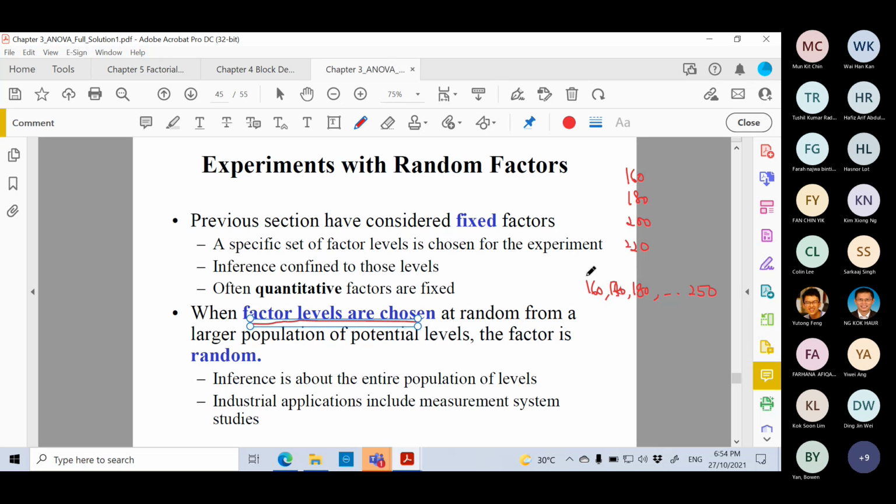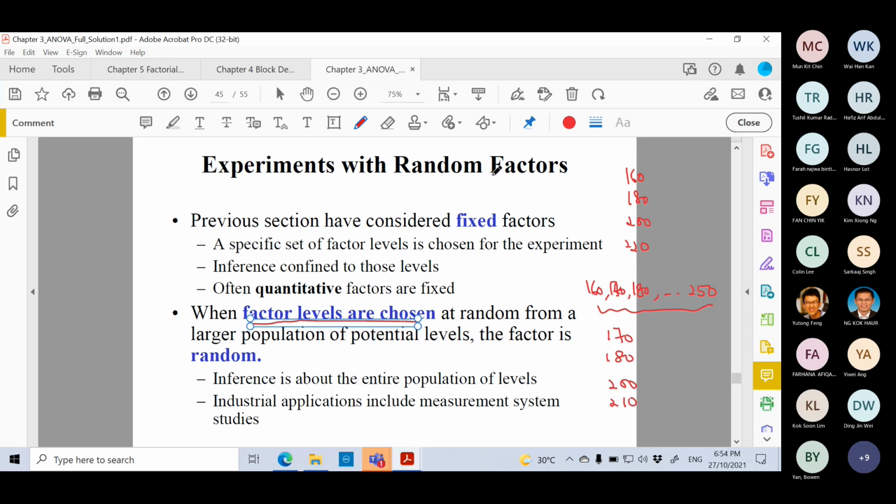We have so many levels to consider. Let's say we want to test the experiment, we randomly select 170, then another one 180, another one 200, and then maybe 210. We randomly select 4 of them from this list. So the factor levels are chosen at random. So this one is called the random factor.